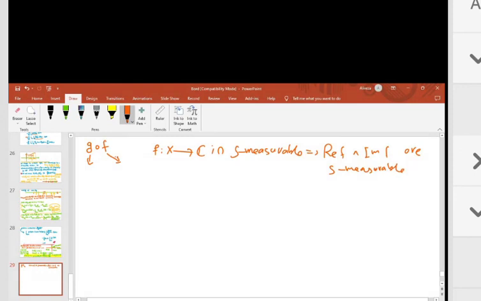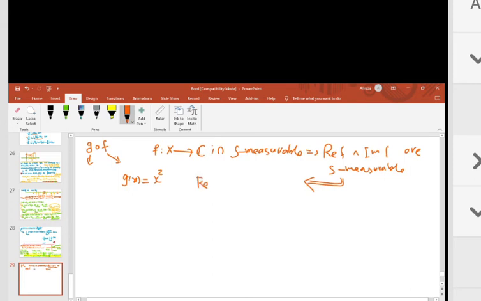So if we combine these functions with the function rules, we see that these two are S measurable too.